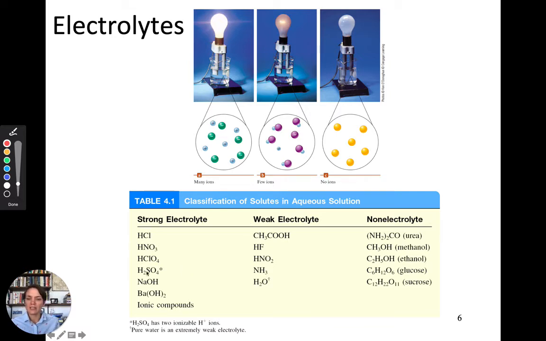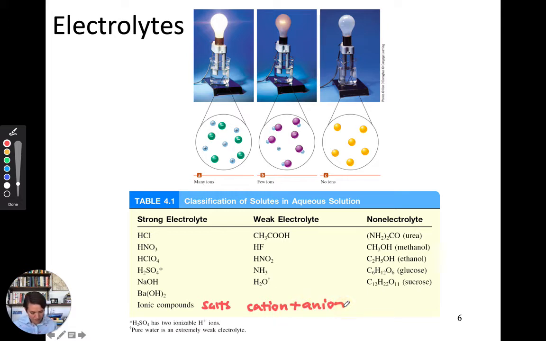And if you look at these strong electrolytes, you have this big classification here of ionic compounds. And I would just add the word soluble here, right? Because we're going to see that not all ionic compounds are soluble, but many are. So ionic compounds are just going to be any of our salts, any of those compounds where we had our cation plus our anion.